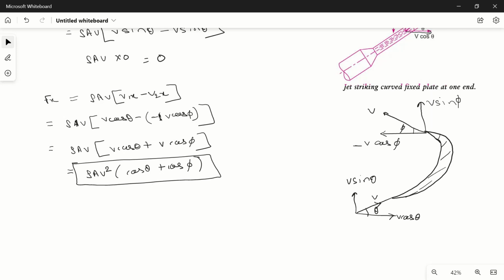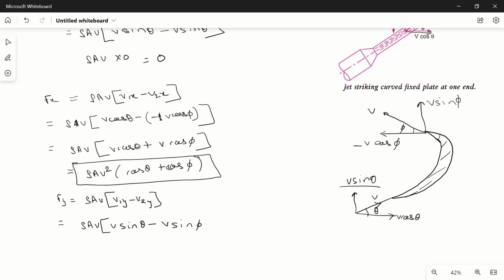So this is Fx. Now we can find the force exerted along the y direction. Fy will be rho A V times (v1y minus v2y). The velocity at inlet in the y direction is v sin theta, minus the velocity at outlet in the vertical direction, which is v sin phi.